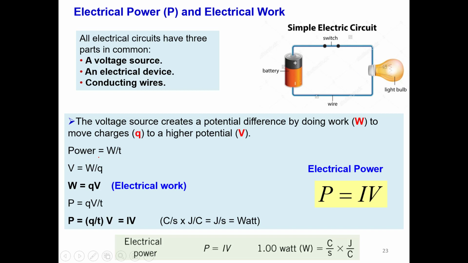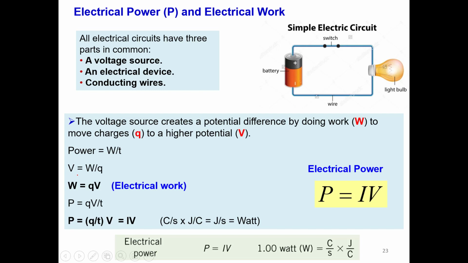Then remember, we define the power as how much work some device can do in some time. Power is the rate of work, or just the work divided by the time. And this is how we define power as before.